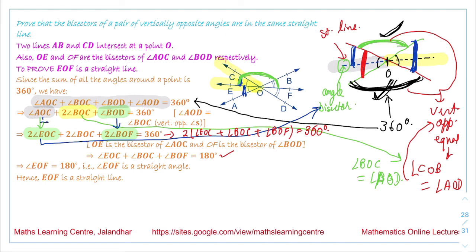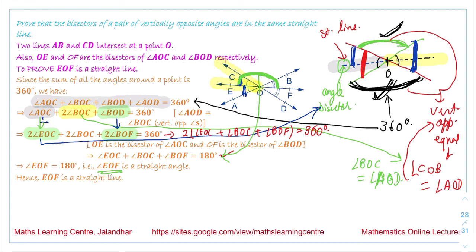The sum of these 3 angles is 180 degrees. If the sum of these 3 angles is 180 degrees, then it implies that EOF is a straight line, and this is what we had to prove.